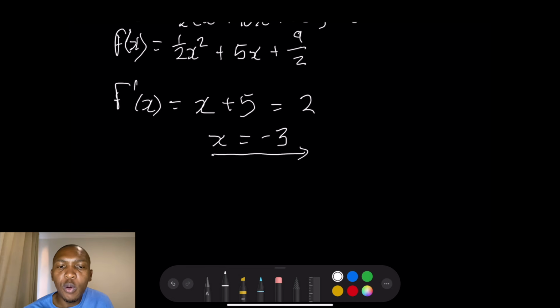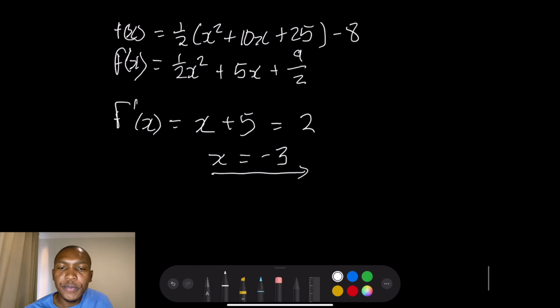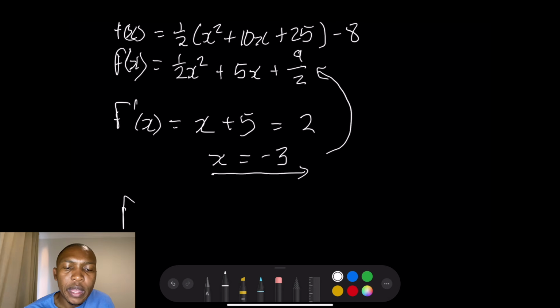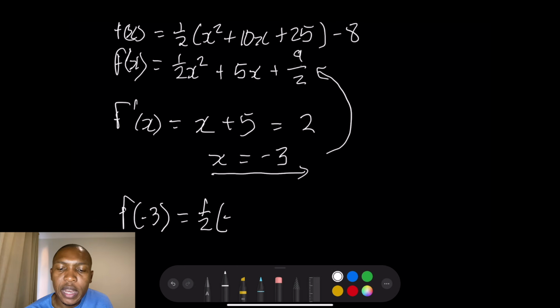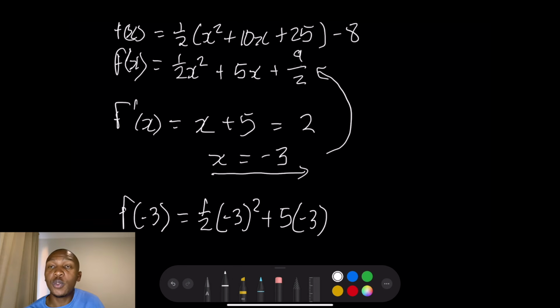Now I can go back to my graph and substitute x is equal to -3 into the original equation. So f of -3 is equal to 1 over 2 times -3 squared plus 5 times -3. Please have a look at this question so that you know what your approach should be.